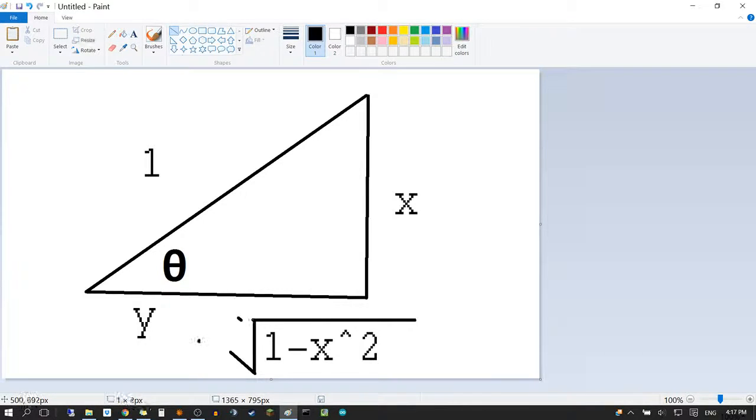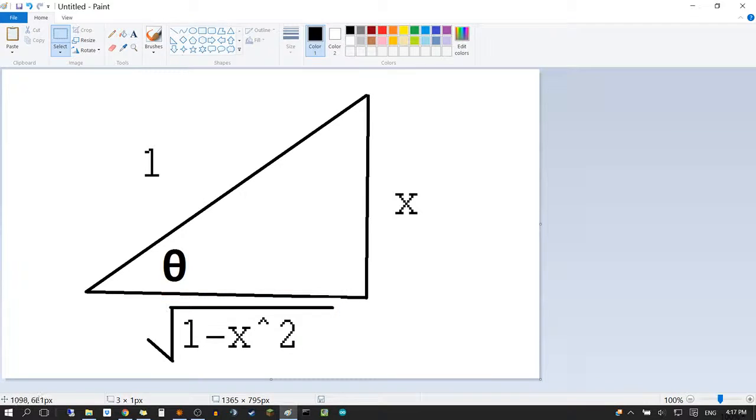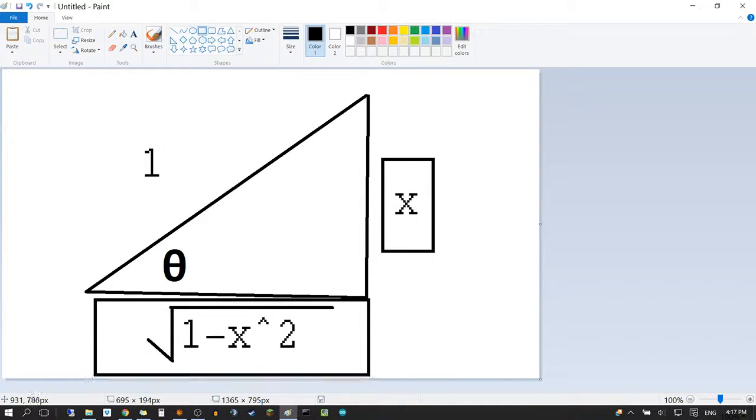Like so. Now, we know the opposite side, which is x, and we know the adjacent side, which is the square root of 1 minus x squared, and dividing the adjacent side by the opposite side gives us cotangent.